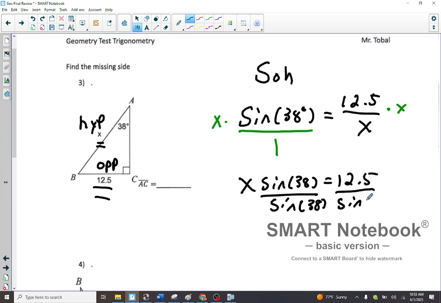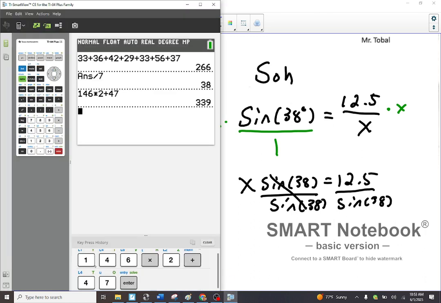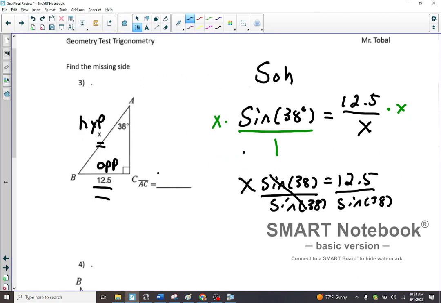Yeah, but you got to know what you're putting into the calculator. Wait, how do you know what you're putting in? So 12.5 divided by sine 38. 20.3. So it's 20.3. So the only thing I had to do here is to set it up.